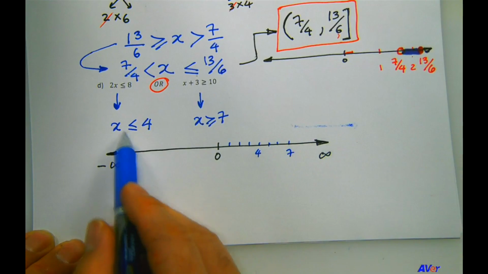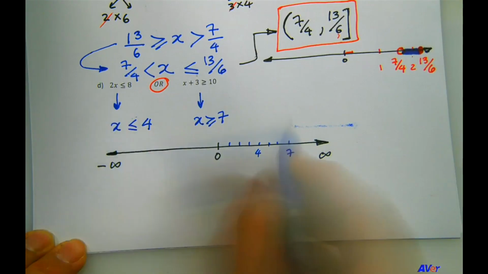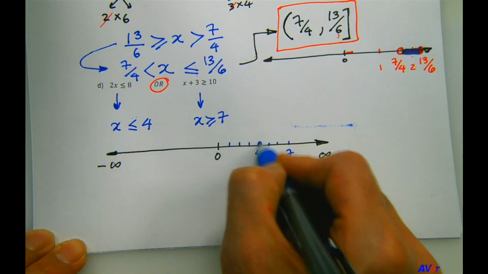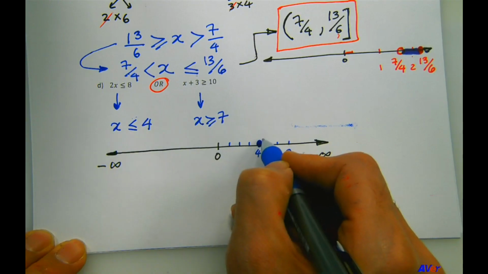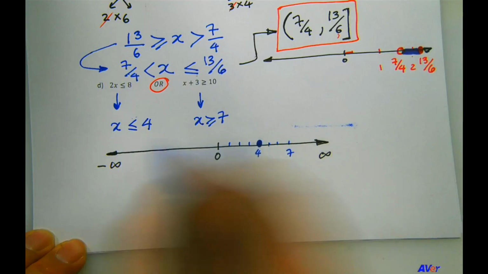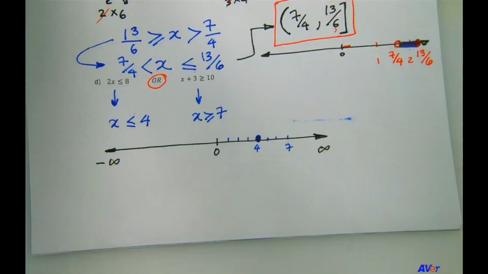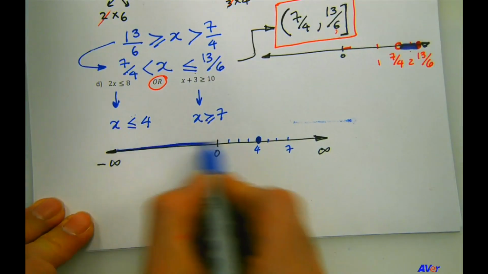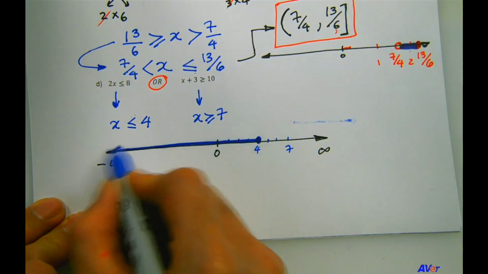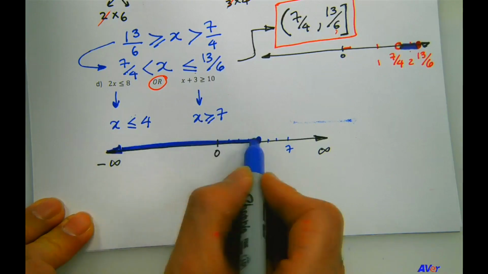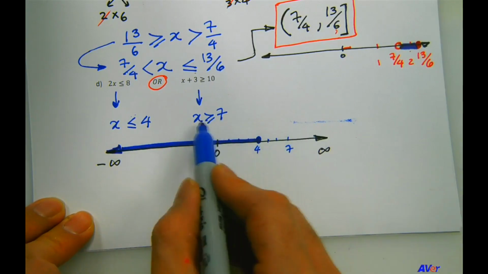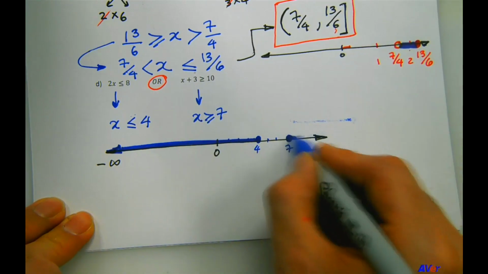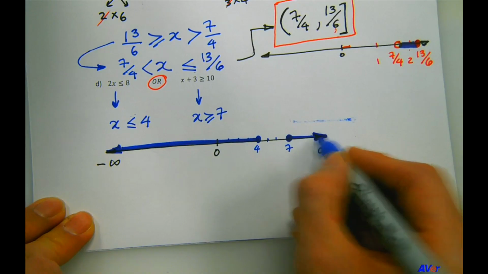One of these individual solutions says x can be 4 and anything less than that. And this other one says x should be greater than or equal to 7. So it says that's the solution, right?